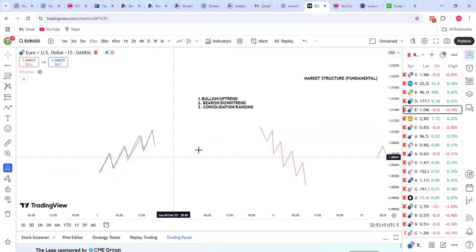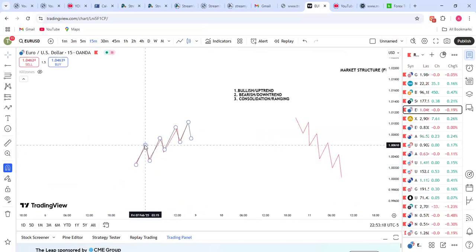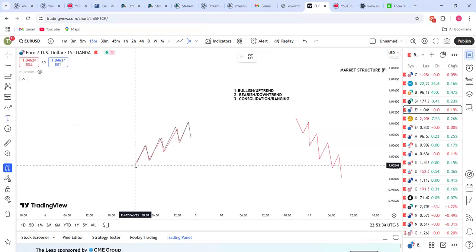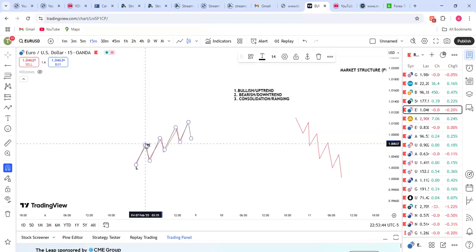When you see a high like this and you see a low, the next high that comes is higher than the previous one. And when it comes down, the low it makes is higher than the previous low. We can just mark it out this way. Let's call this a low, and let's call this top a high.